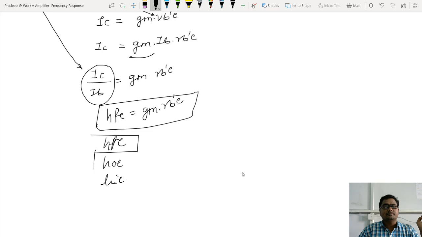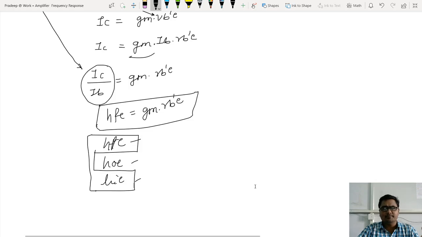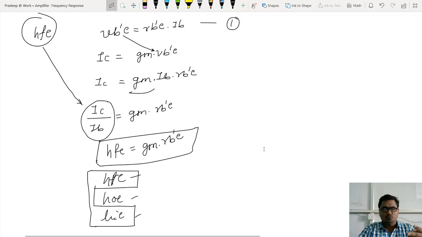Yes, it is possible to write equations for all of the remaining H parameters. See how much time we spent: only a four-line derivation for HFE. Like this, there will be a four-line equation for HOE, HIE, HRE. I just want to show you that it is possible to derive equivalent equations for H parameters at higher frequencies.